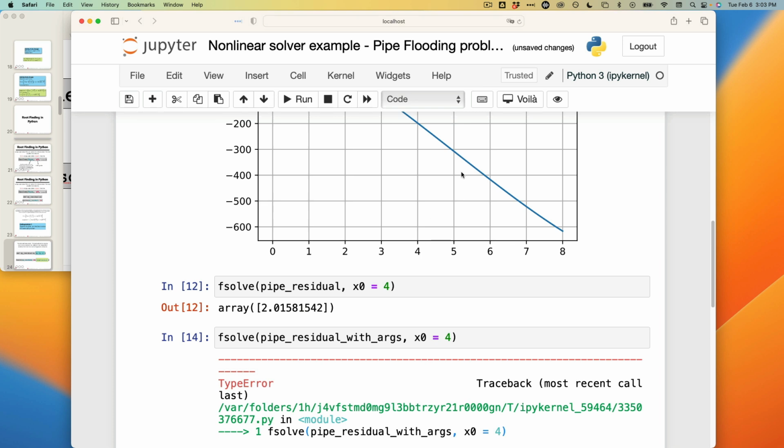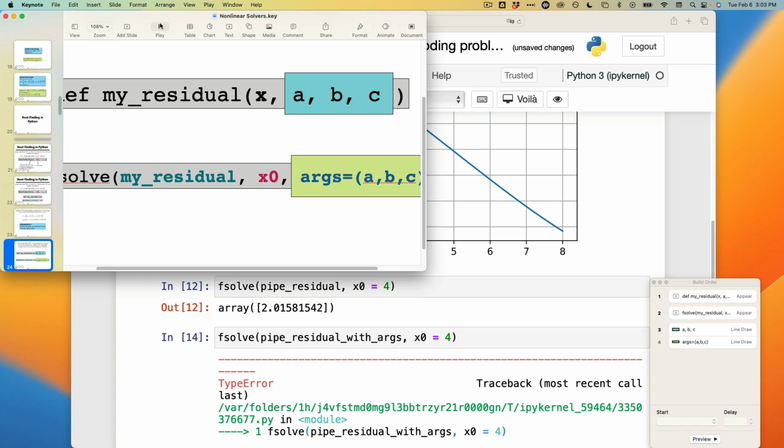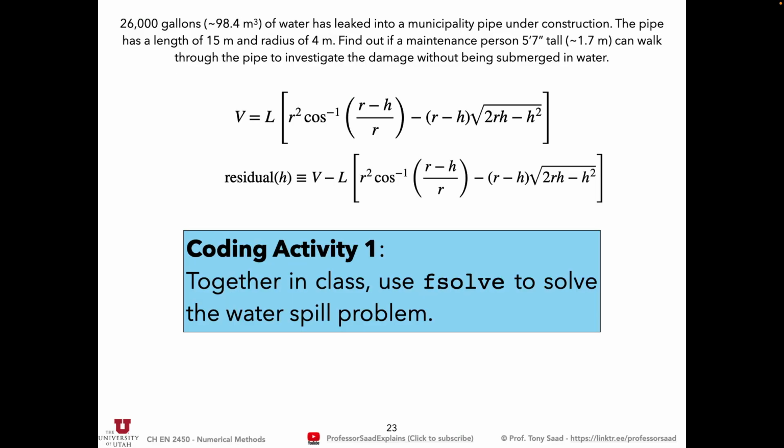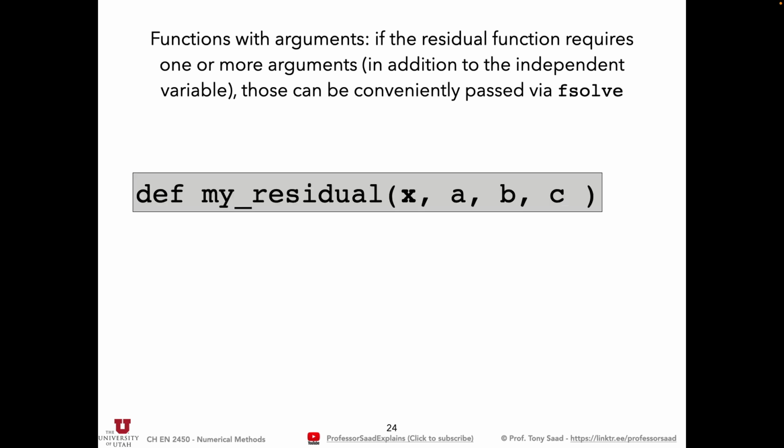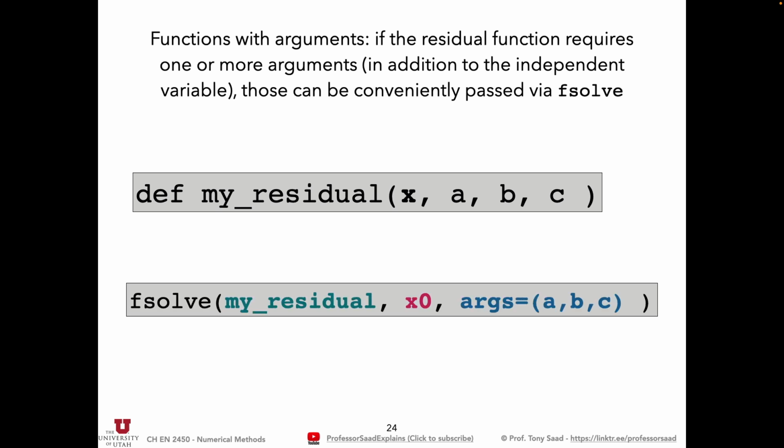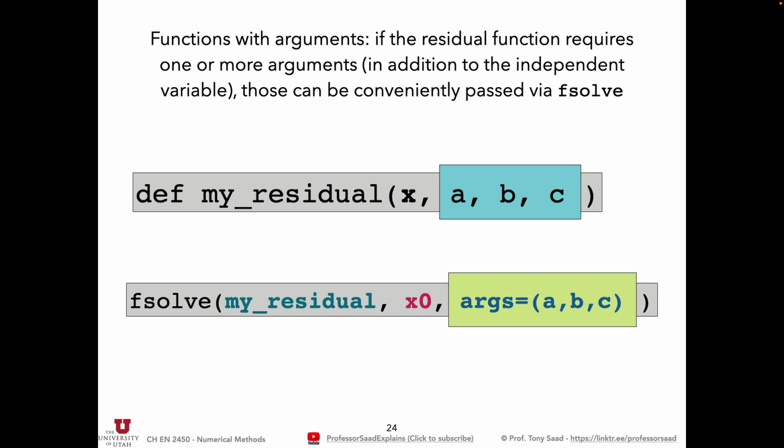So the way you do this is simple. You define your residual with your additional arguments, a, b, c, d, e, f, g, whatever. Those are your additional arguments.